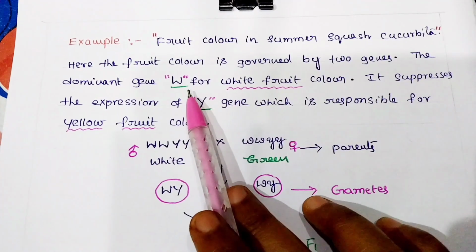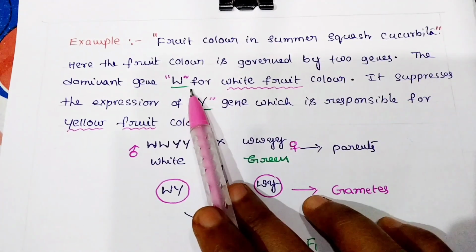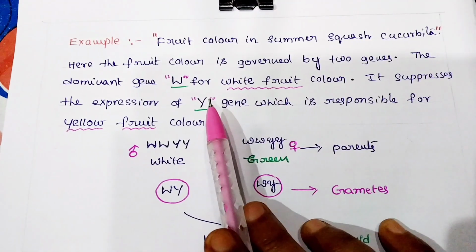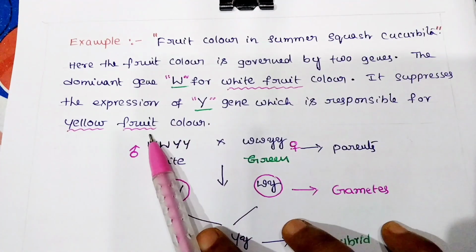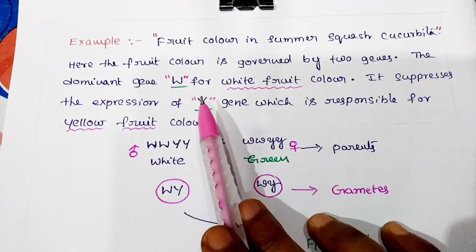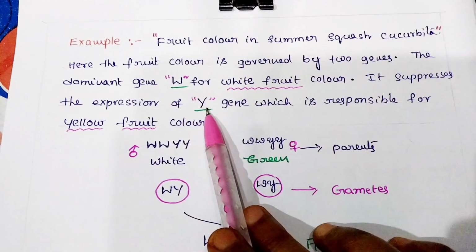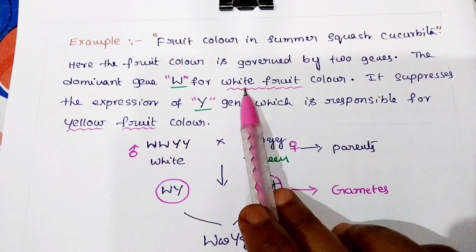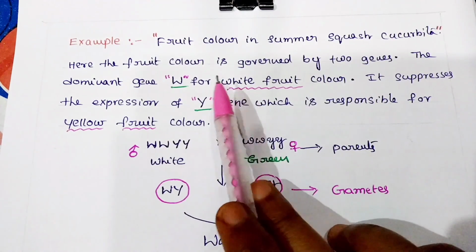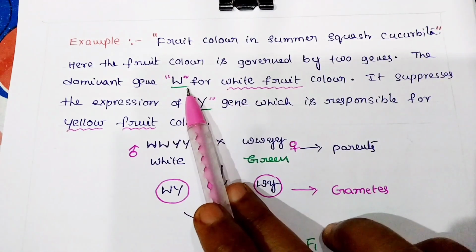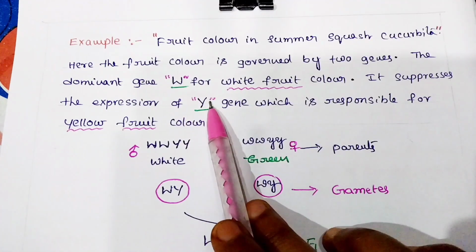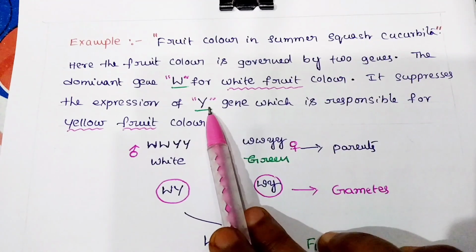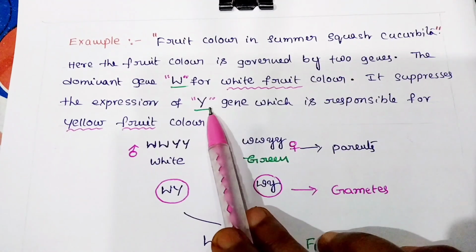Capital W expresses white fruit color, and capital Y expresses yellow fruit color. But when they are present together in a single organism, white color is expressed. Why? Because capital W is the dominant gene which suppresses the other dominant gene. That's why this interaction is called dominant epistasis.